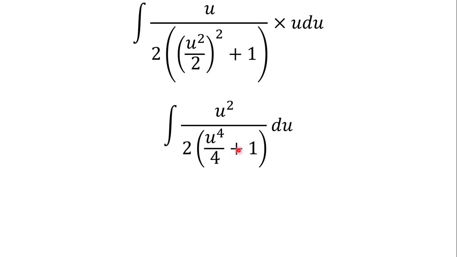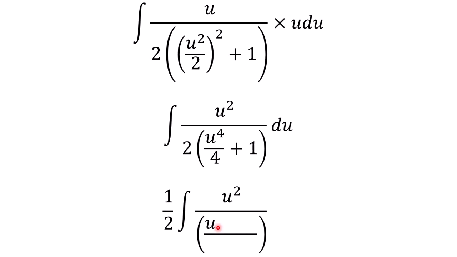When we simplify this one, we are going to get u raised to the power 4 plus 4 all over 4. This 4 will come and multiply u squared, and that will give us 4u squared.